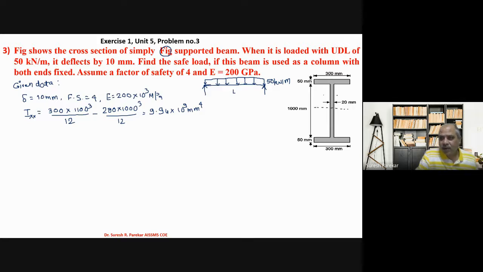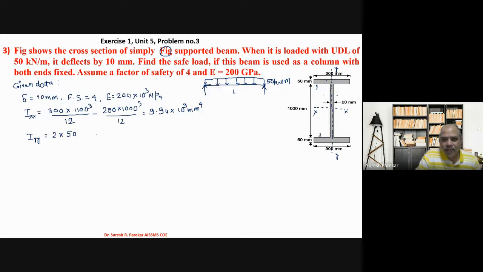Now for a column we have to go with the minimum, and that minimum is Iyy. So for a beam we have to take Ixx, and for a column we have to take the minimum of the two, that is Iyy. Therefore we will also calculate Iyy. It is symmetrical about the y-axis, and therefore that is equal to 2 into 50, which will be the width. 2 means we have two flanges. This is one flange, this is the second flange.